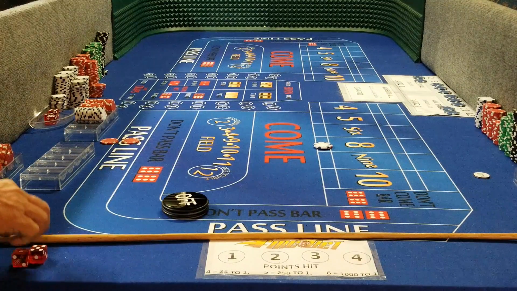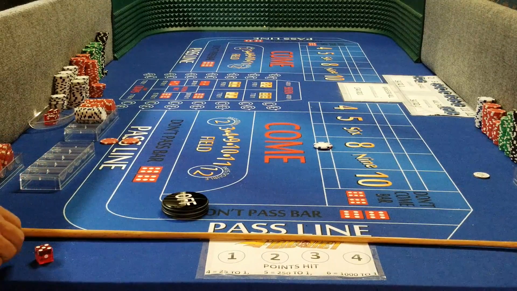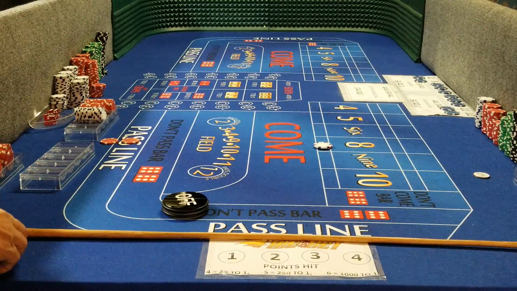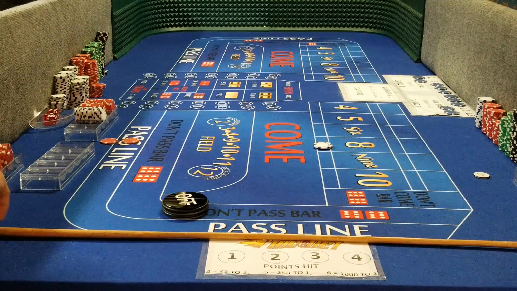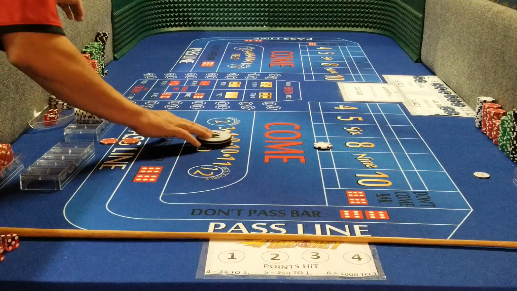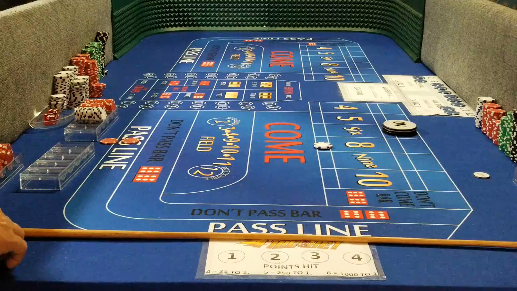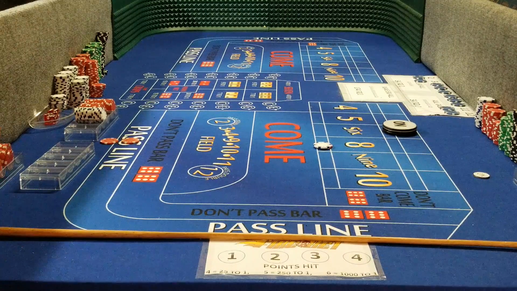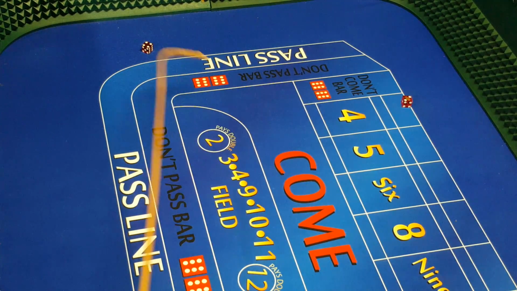Like I said, just remember, guys, just because we're playing with the lowest house odds, like we've got the best way to win here, doesn't mean we're going to win. Point is 6. Okay, 6 points. That's the winner.